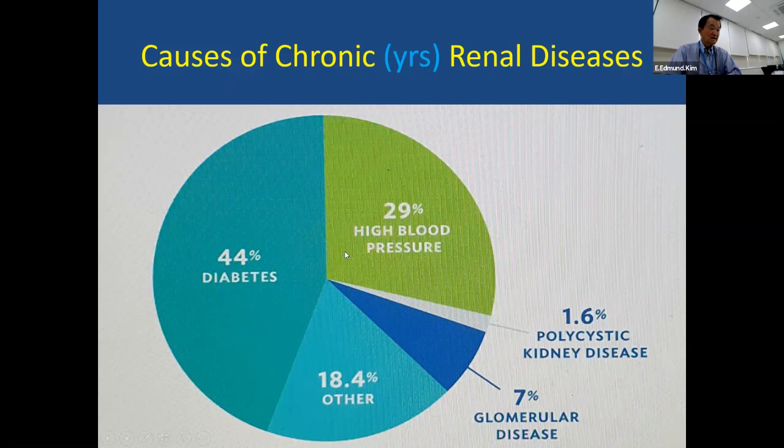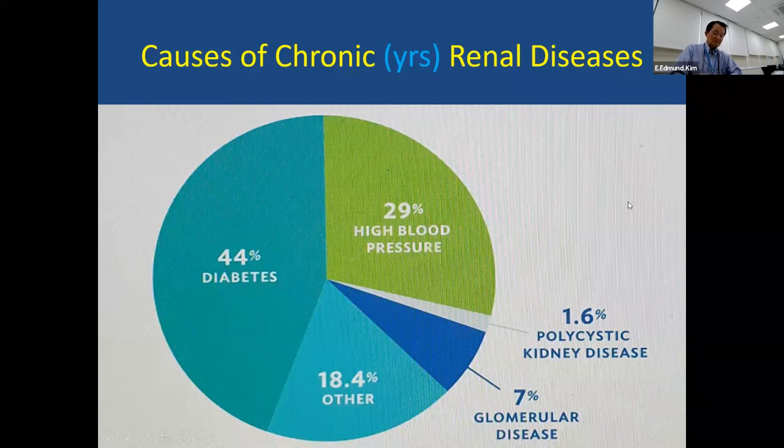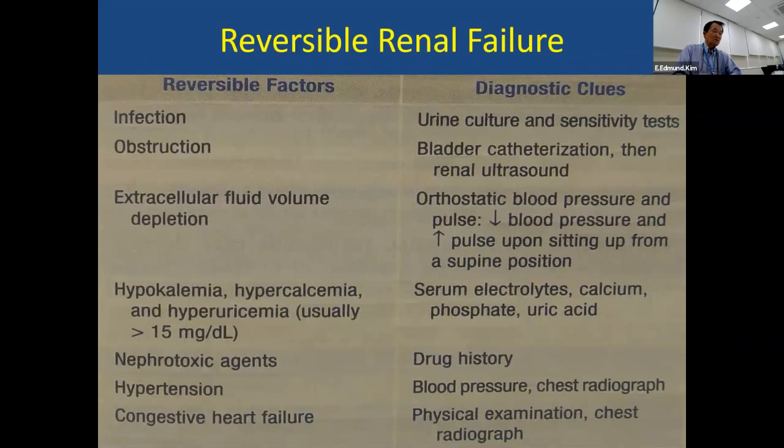The others, polycystic kidney, glomerular disease, are a very small portion. So hypertension and diabetes are the two major problems in chronic renal disease. Some causes are reversible, certainly if we detect early. Infection, by urine culture, and then we can almost reverse obstruction, also bladder catheterization, renal ultrasound, extracellular volume depletion, and we can check things.